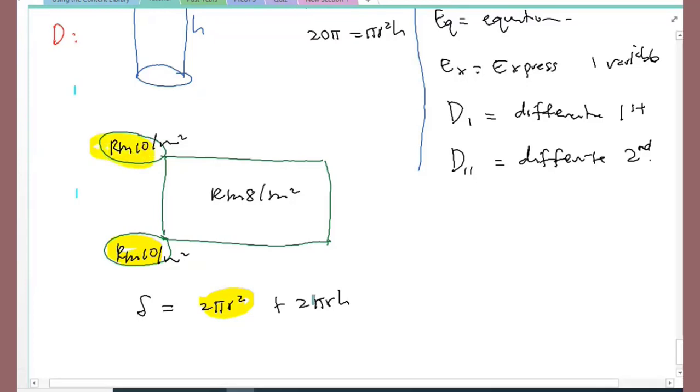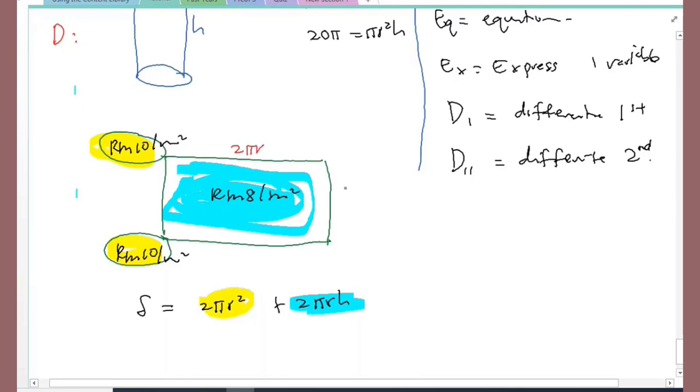And this 2 pi r h, how to get it? Check this, the perimeter is 2 pi r, times h. So the area for this rectangle is 2 pi r times h, right?